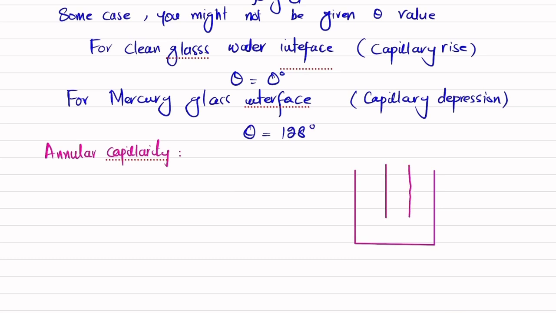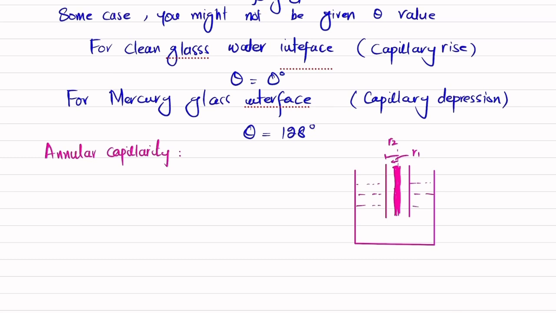An annular tube is a hollow tube with a solid portion or solid rod in between this hollow portion. So this portion is the solid portion, and let this be the center. So this will be equal to R2, and this portion will be equal to R1. And there is a liquid or fluid in this container.